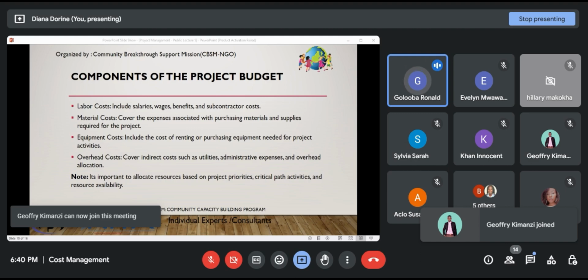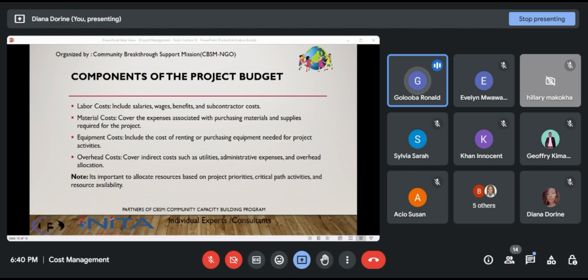You are able to come up with the actual cost per element, and then you indicate the notes or the assumptions around why that is the way it is. So key to note here is that it's important to allocate resources appropriately based on project priorities, critical path activities, and resources availability.